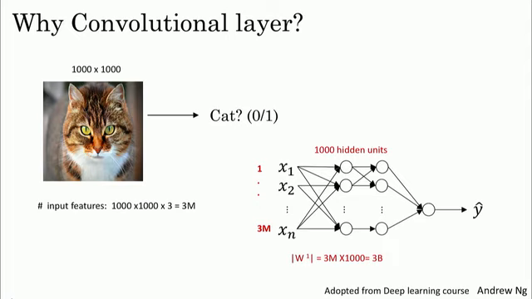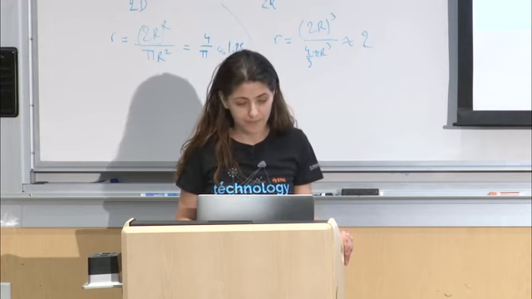So you need to have more than 3 million training samples, which in many cases is impossible. So to overcome this problem, people propose to use convolutional neural networks.